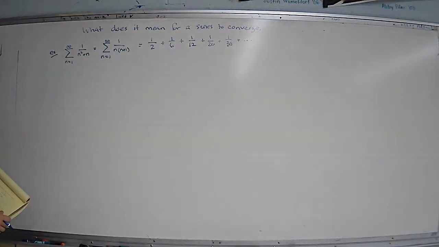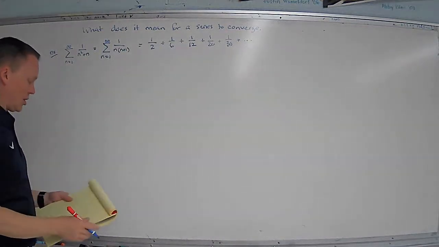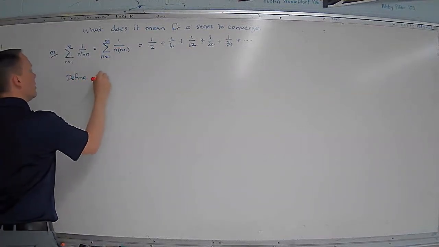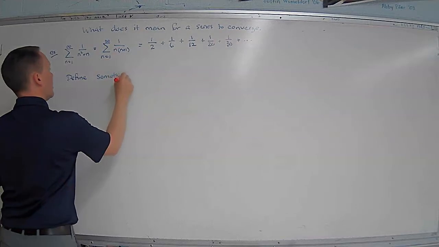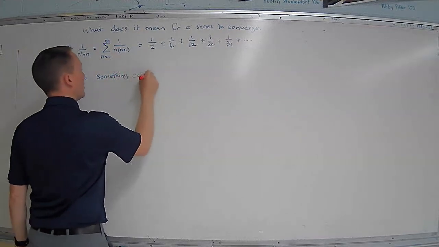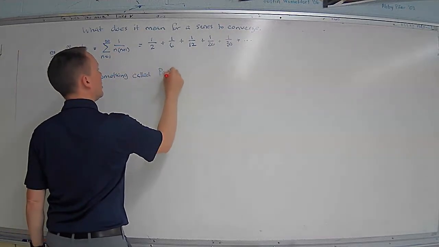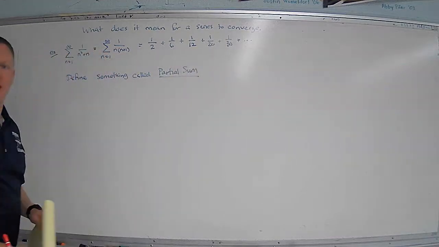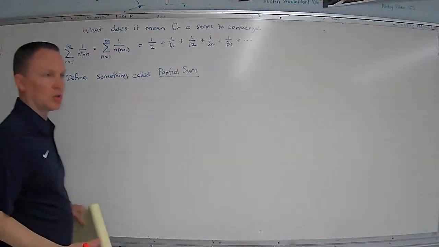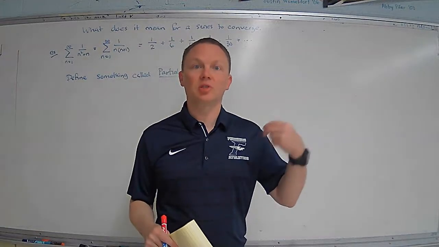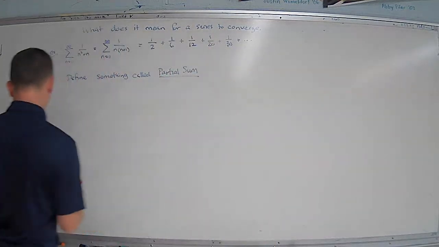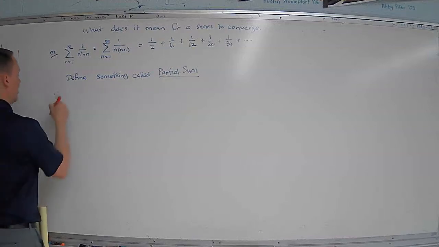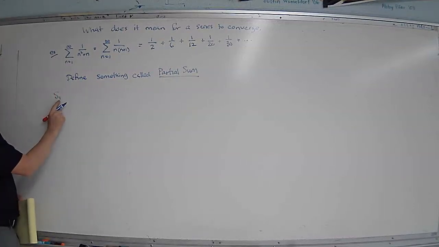All right, so what we're going to do is define something called a partial sum. That sounds really fancy, but all a partial sum is, is just summing up some of the terms. The first one we're going to define is what we call the first partial sum, which we'll typically denote as Sn.